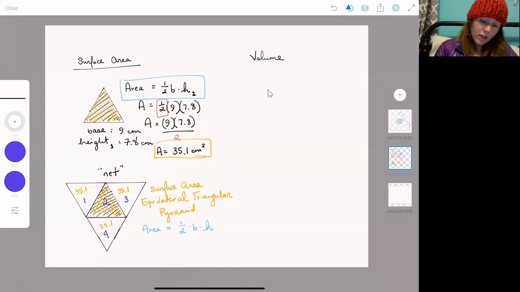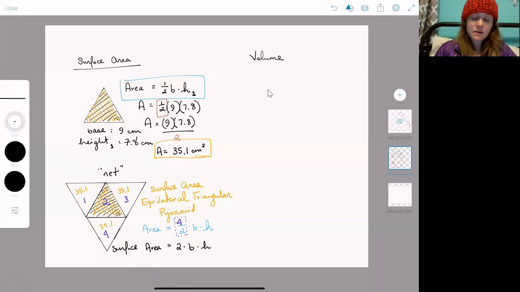And so what I can do is I can put that 4 in the denominator here and then simplify. 4 divided by 2 equals 2. So the surface area of one equilateral triangular pyramid is going to be 2 times the base times the height.